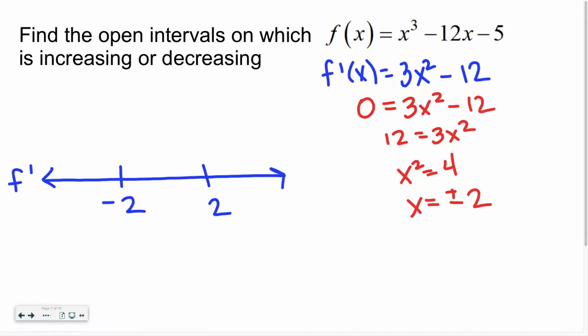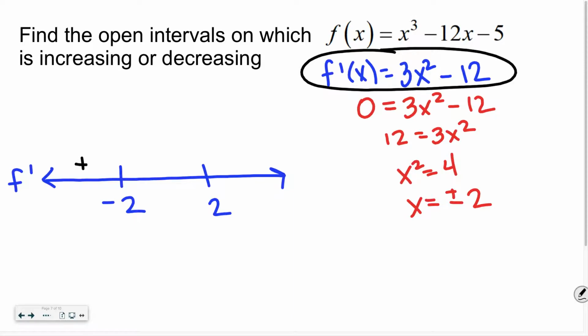But let's come back to the derivative. If we plug in -3, 3 times -3 squared minus 12, what kind of number is that? Positive. So our derivative values for that whole interval will be positive.